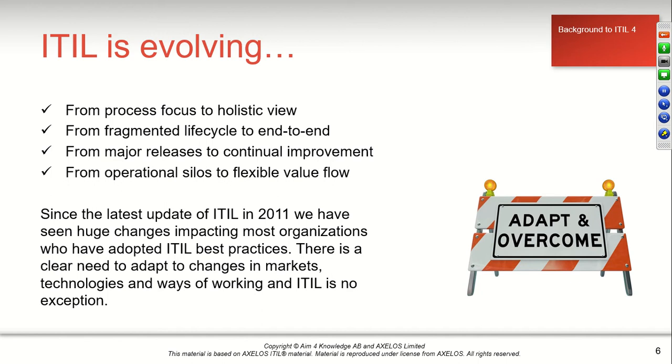Yesterday we said that ITIL 4 is the current version of ITIL, a particular model that evolved from looking at a holistic view of IT service management, looking at operational silos, to be a flexible value flow, and also taking input from other frameworks like Agile, DevOps, and Lean.